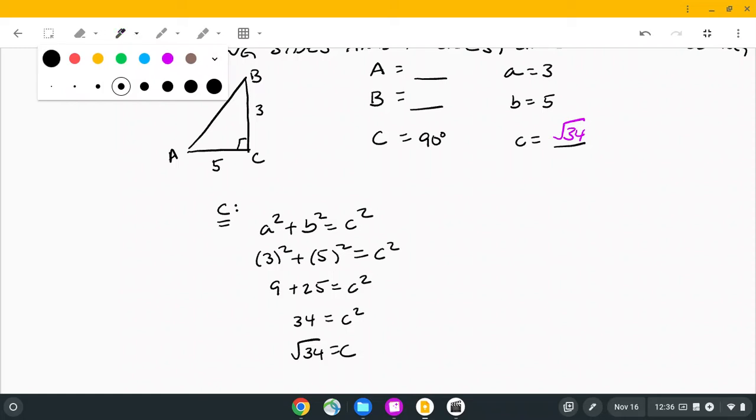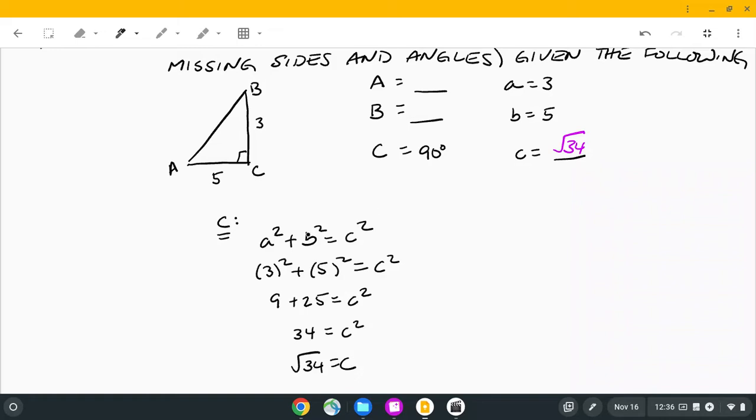Once you have these, we can start working on the angles. We know C is 90 degrees. If we're trying to figure out angle A, we know the opposite and the adjacent side, so I could use tangent. Tangent of angle A is opposite, which is 3, over adjacent, which is 5.